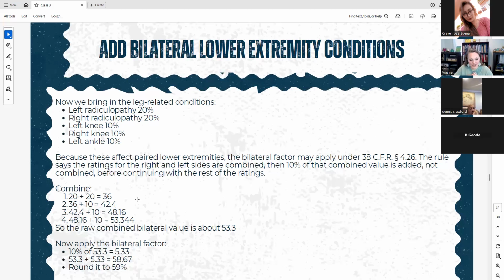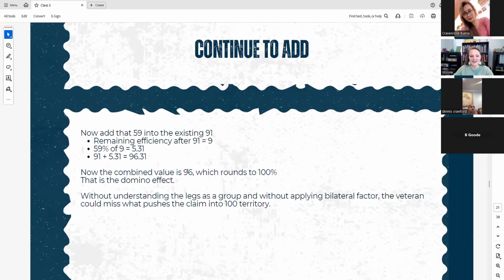We continue to do that till we get the raw combined bilateral factor of all of those conditions is 53.3. Now you're going to apply that bilateral factor, and it's going to be rounded to 59%. Hope this is making sense. I'm not a math person, so this took me a little bit to really learn.